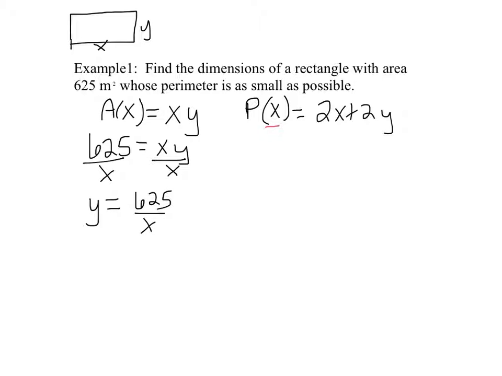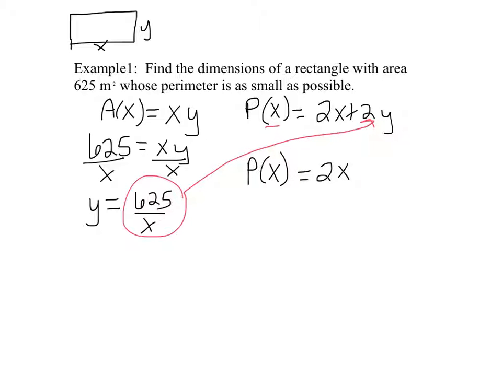Now I'm going to take this and put it in this function in place of y, so that I have the perimeter in terms of x. My 2x is fine, but now I'm going to write 2 times 625 over x.